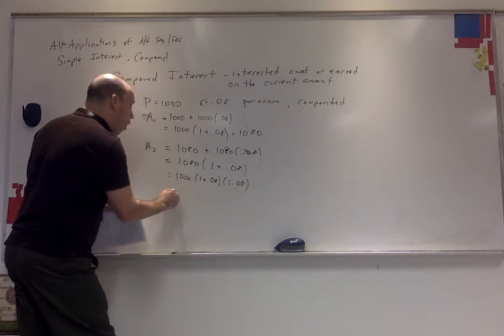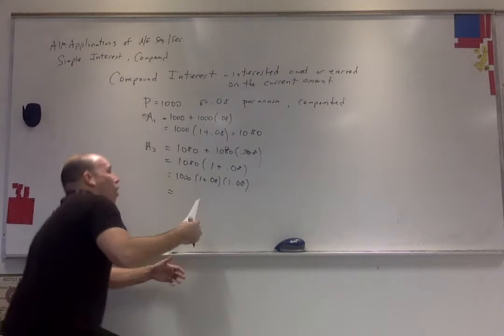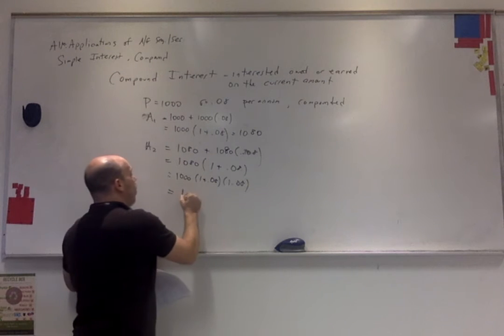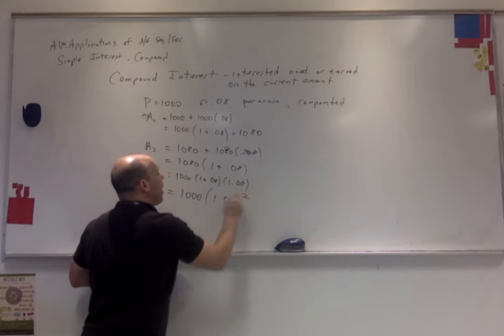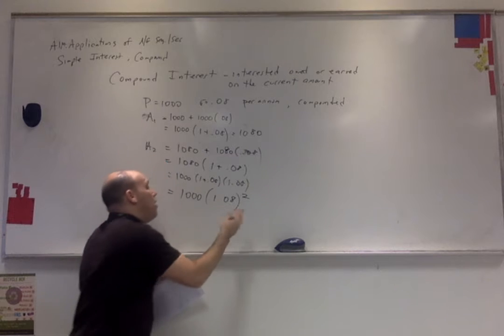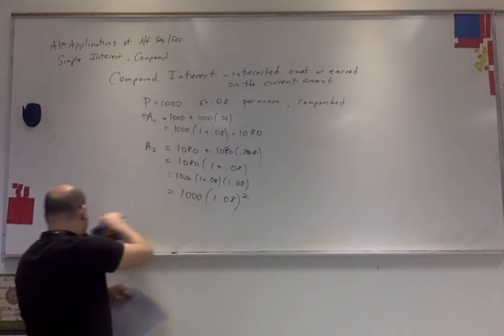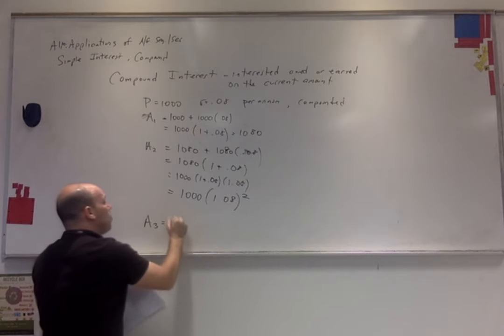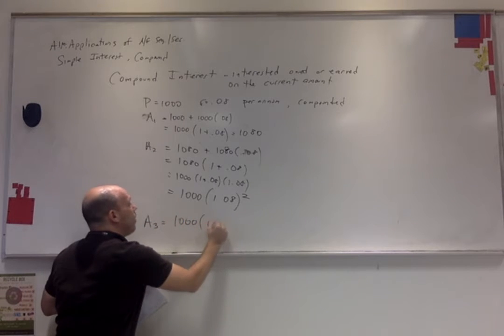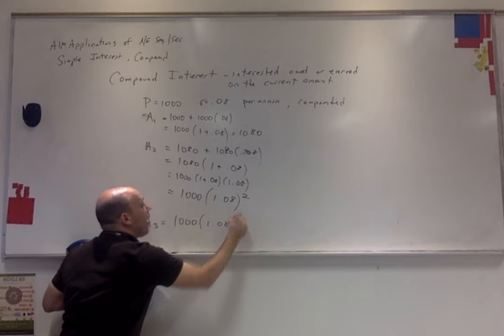And so if you actually recall, the formula is 1,000 times 1.08 squared, right? And so to figure out the third year, how much interest, it's 1,000 times 1.08 to the third power.